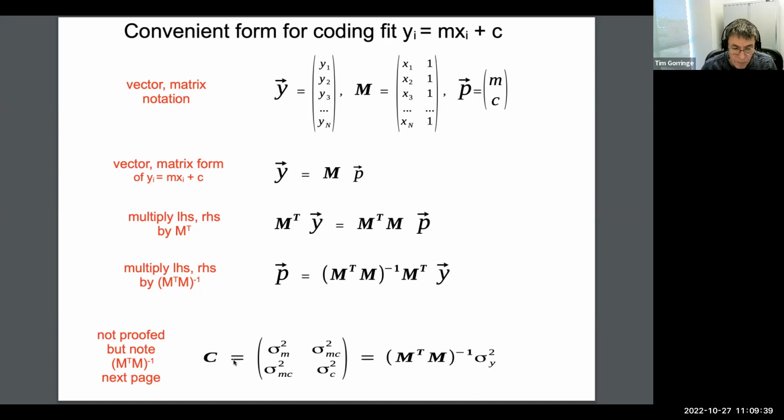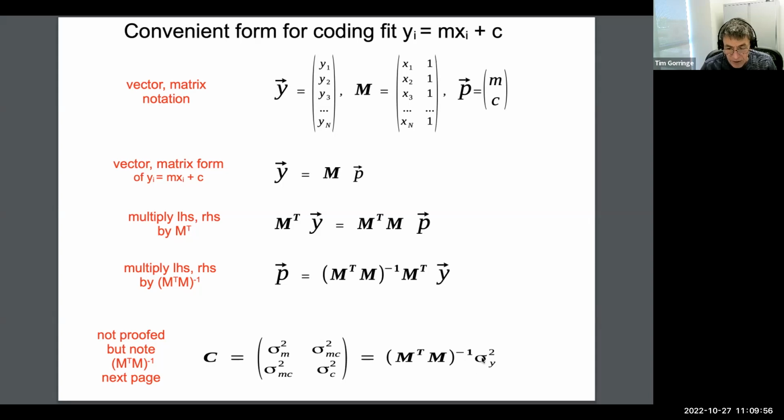And so this simple matrix here contains all the information about the uncertainties in the best fit parameters, and you can show that it's equal to the uncertainties in the data points.